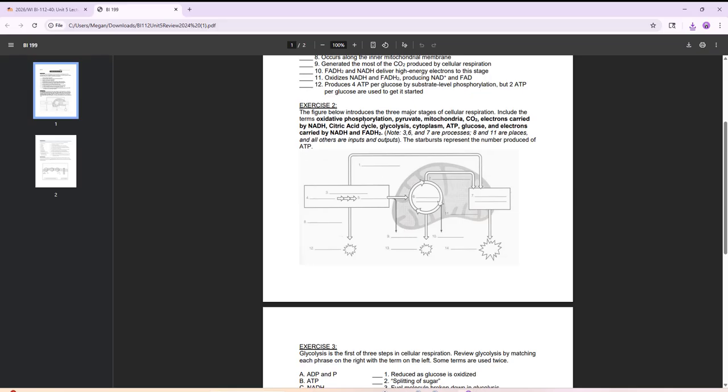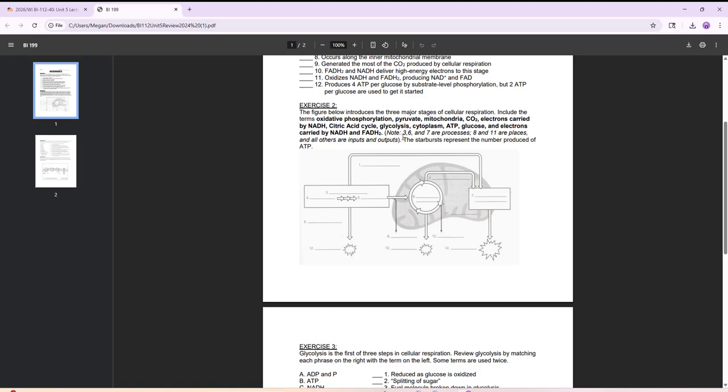All right. So the next exercise, we're trying to fill in this figure here. We have all of these terms here, and we're applying them to this figure. In the figure, we have the 3 main stages of cellular respiration: oxidative phosphorylation, the citric acid cycle, and glycolysis.